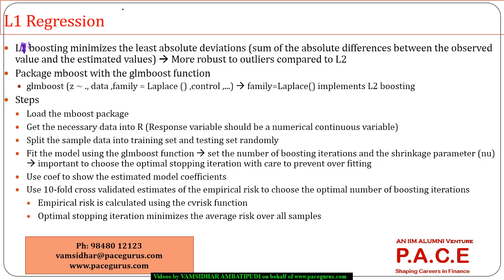In case of L2, we were minimizing the actual minus predicted whole square, which is the least squared error. Whereas here, L1 boosting is trying to minimize the least absolute deviation, actual minus predicted, the sum of the absolute differences between the observed values and the estimated values.